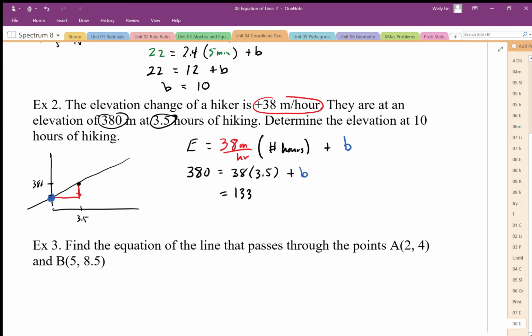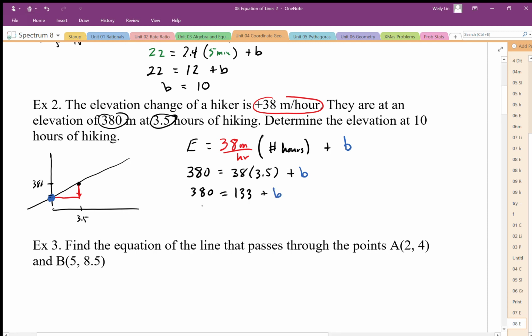So when we look at this problem, if I take a look at my graph, I need to actually go down 133 meters to get back to 0. And notice that algebraically, we end up going backwards.